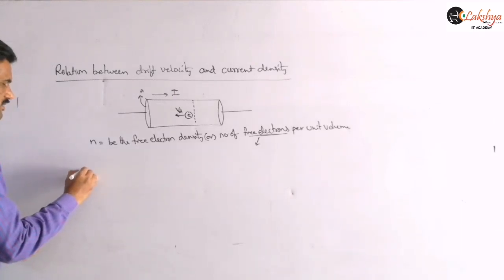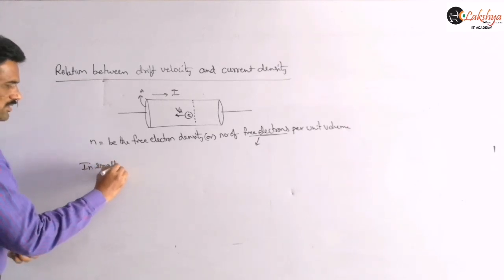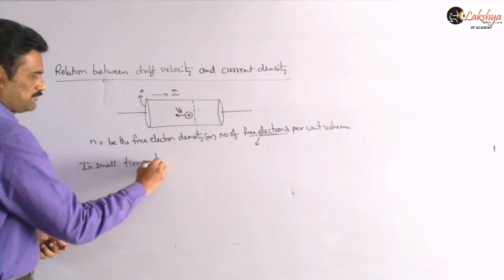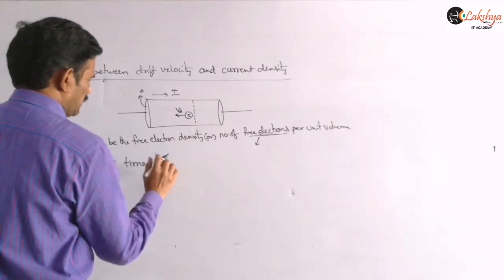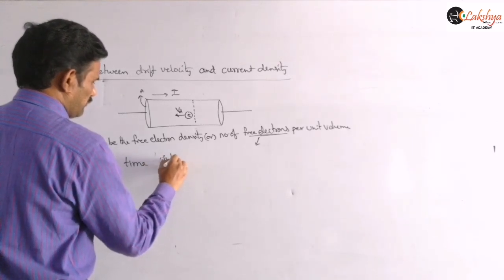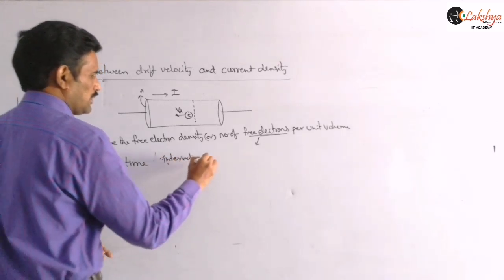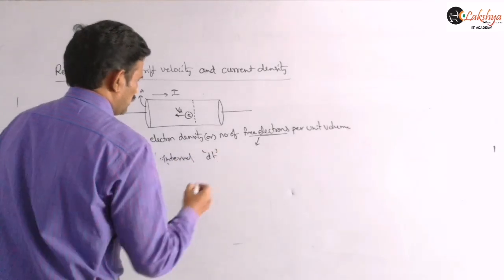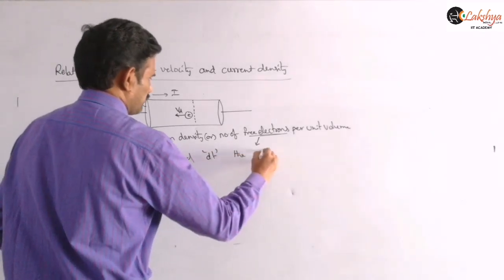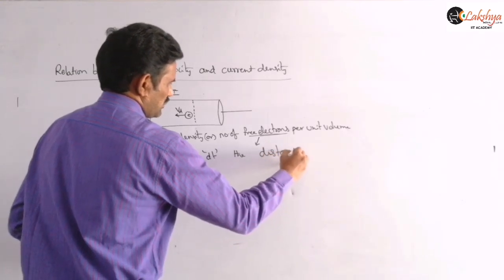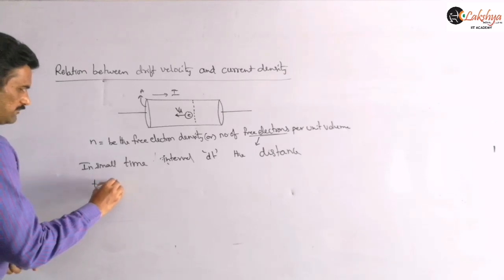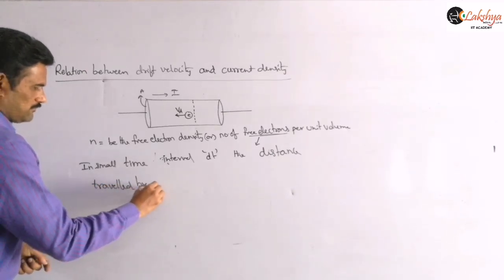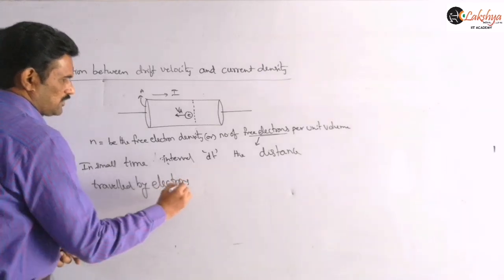So I can write this: in the small time interval dt, the distance traveled by the electrons, right?